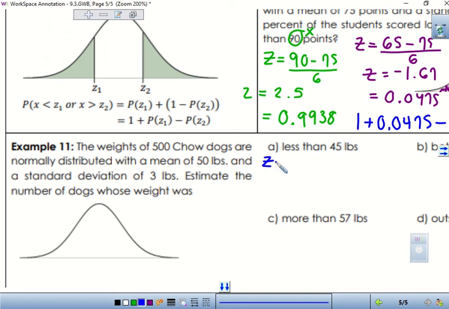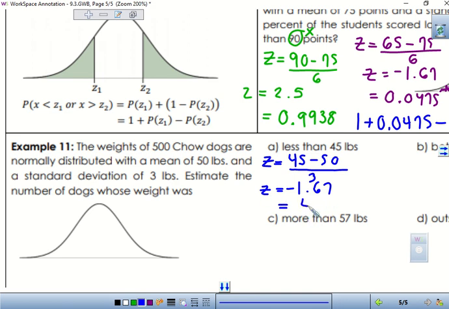So it's going to be z equals 45 minus your mean, divided by your standard deviation, which is 45 minus 50 divided by 3, approximately negative 1.67.